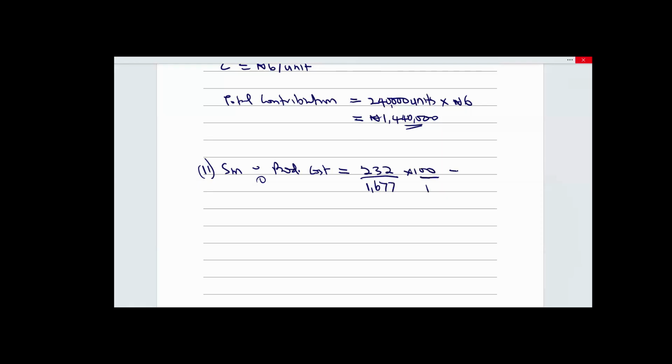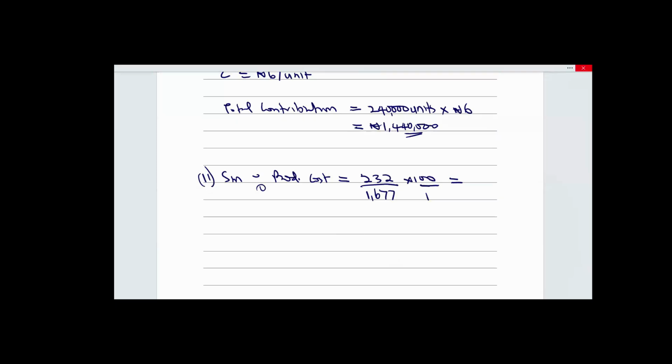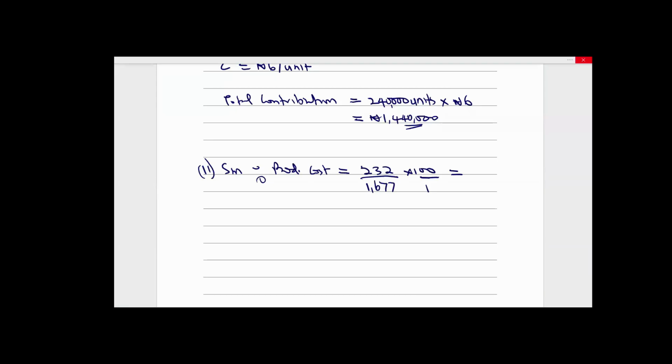Tosin, what do you have as your final answer? 232 divided by 1677 is 13.83%.